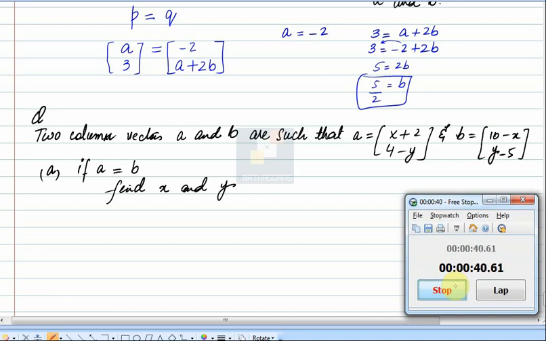It's the same question like we have attempted the last one. We need to equate the vectors because they are equal vectors according to the given condition.